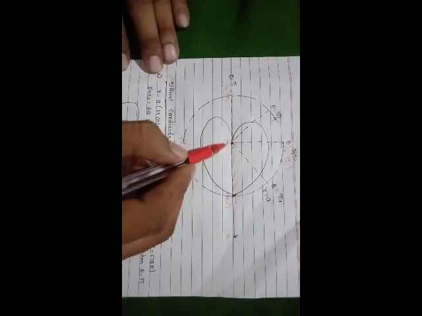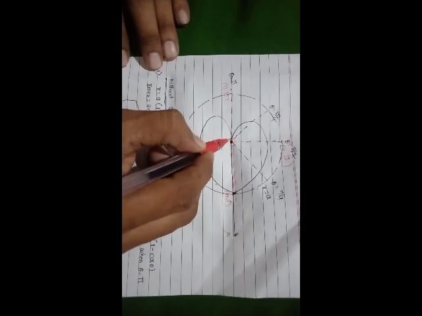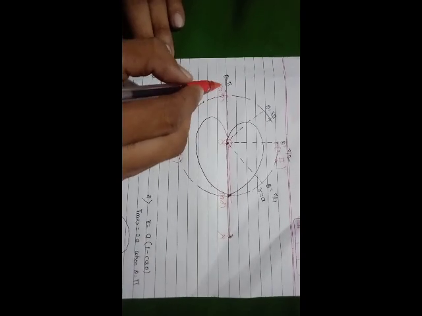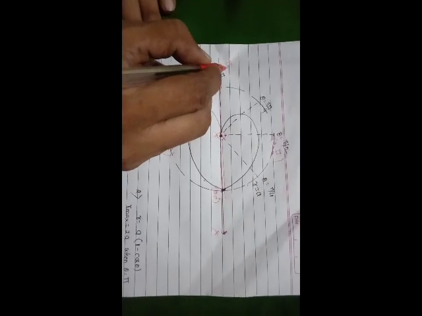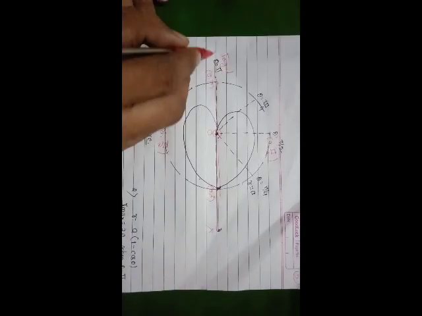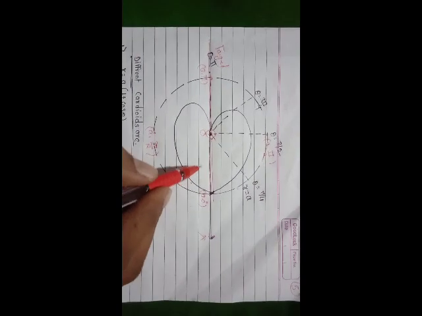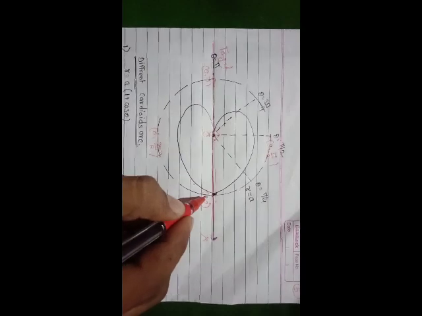After symmetry we saw the pole. As we know that the curve passes through the pole, one point on the curve is known, that is the pole. Then we studied that theta equal to pi is the tangent to the curve. Next we considered the table. When theta equal to 0, r equal to 2a, so this is the point.